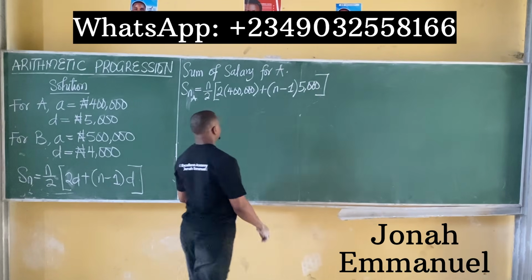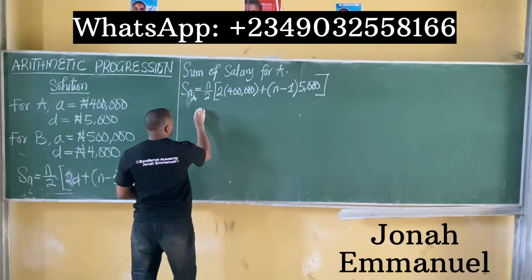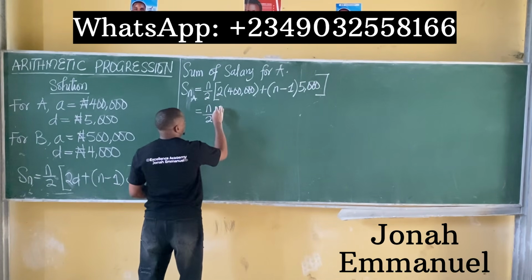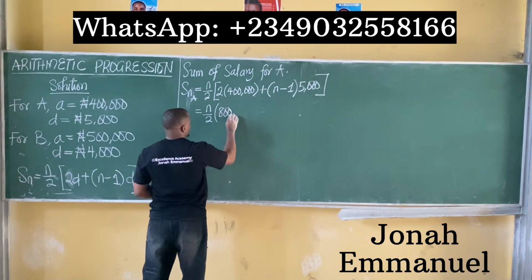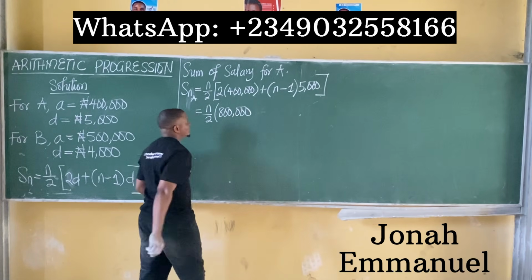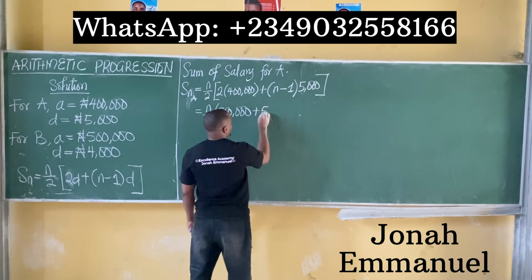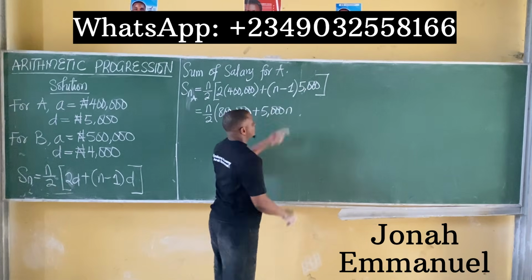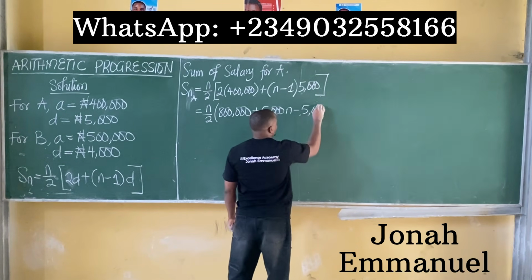Can we break this down? This would be equal to n over 2 into 2 times 400,000, which is 800,000, plus 5,000 times n, which is 5,000n, minus 5,000 times 1, which is 5,000.